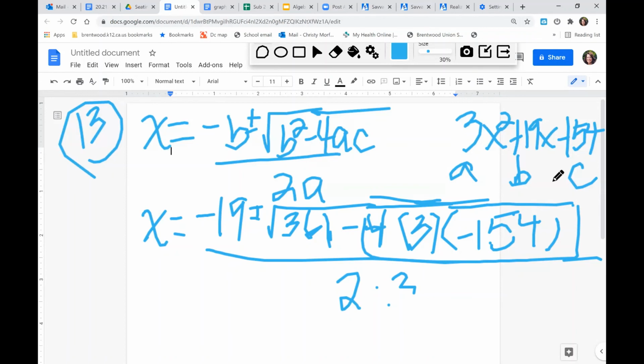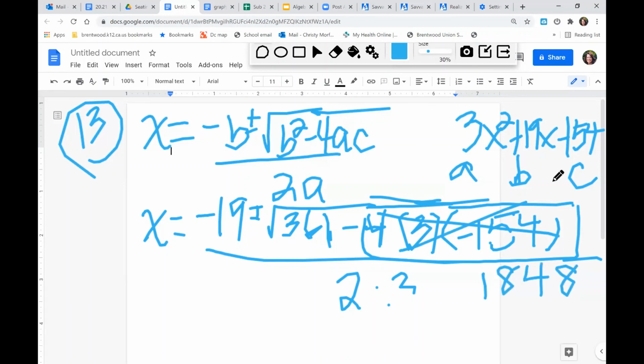So 4 times 3 is 12, and 12 times 154 is 1848.